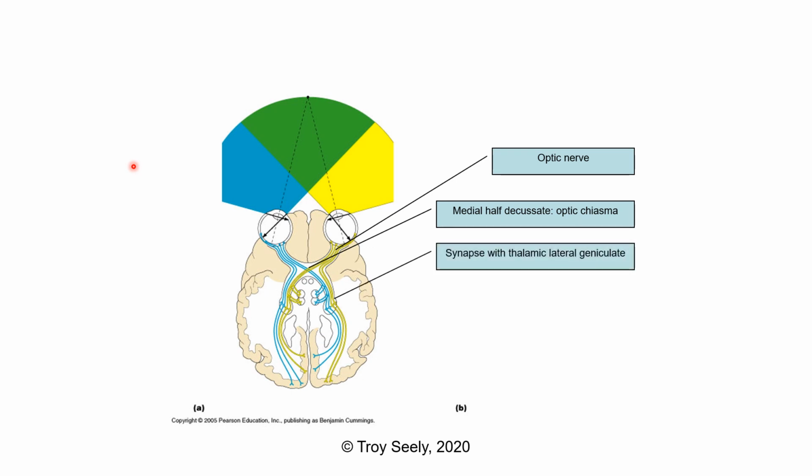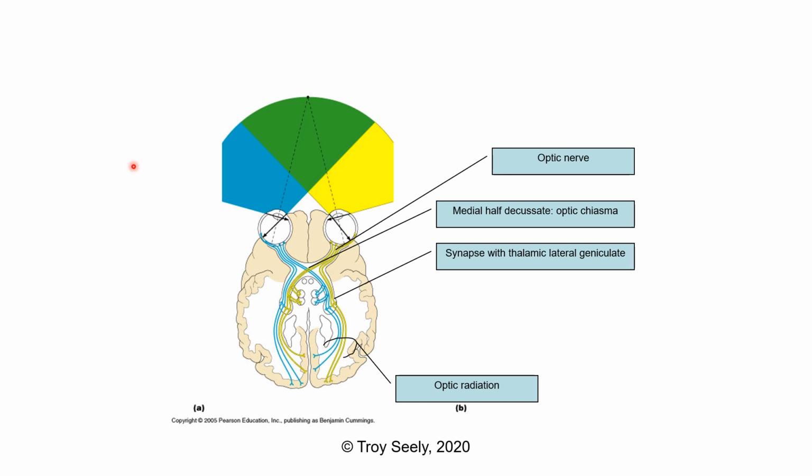As it travels further posteriorly, it's going to eventually synapse with the thalamus in the thalamic lateral geniculate, and then finally leading into the posterior, where there's going to be this optic radiation and area that's going to be dedicated to taking the neurologic information into the brain and making some sense as to what's going on.